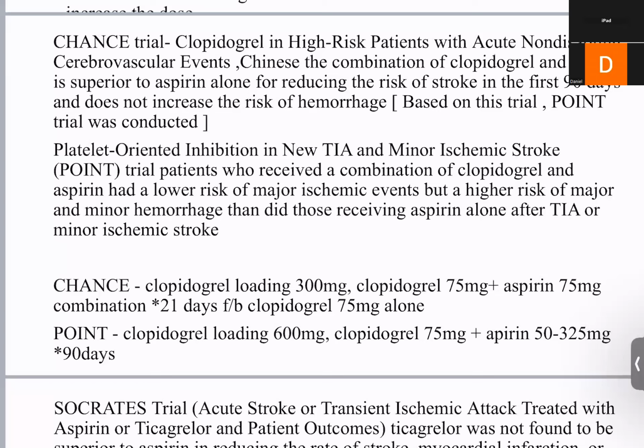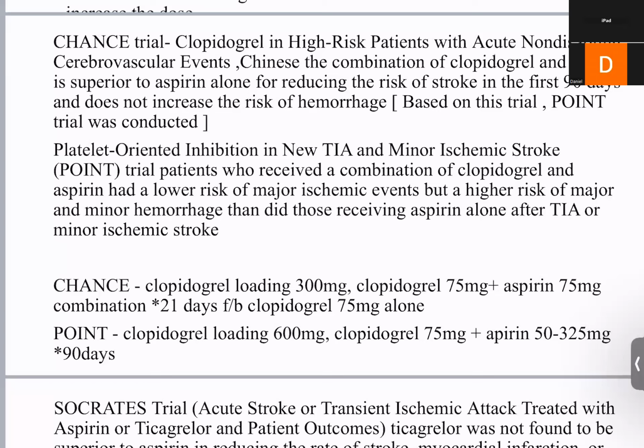Based on this CHANCE trial, there was the POINT trial, which was a more multi-centered trial: Platelet-Oriented Inhibition in New TIAs and minor ischemic stroke. Again the loading dose is different.